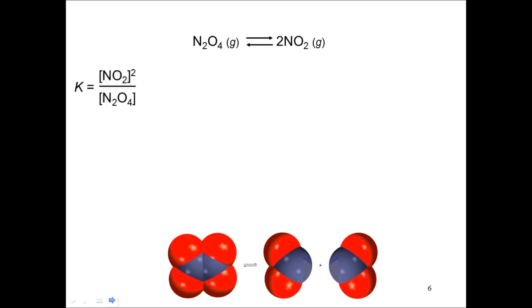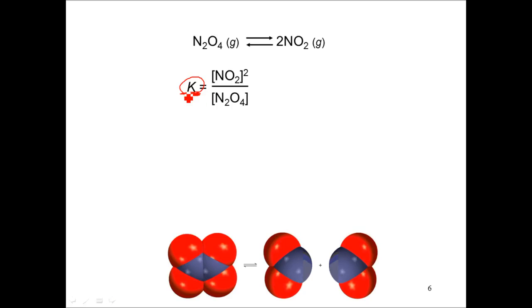On slide 6, notice how we now have switched. We still have K, a constant, but it is a capital K. In equilibrium, we use a capital K to denote the equilibrium constant.